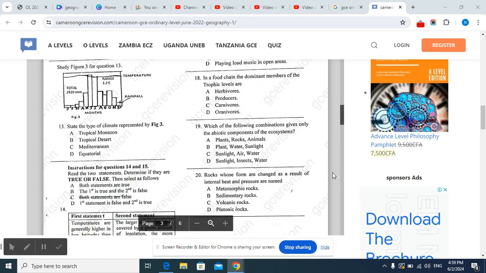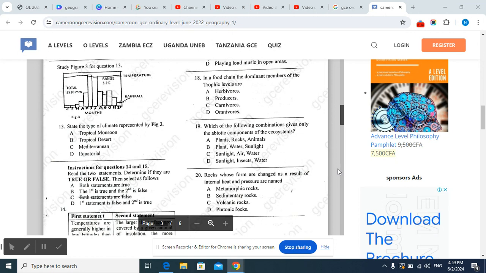Which of the following combinations gives only the abiotic components of the ecosystem? The answer is C.